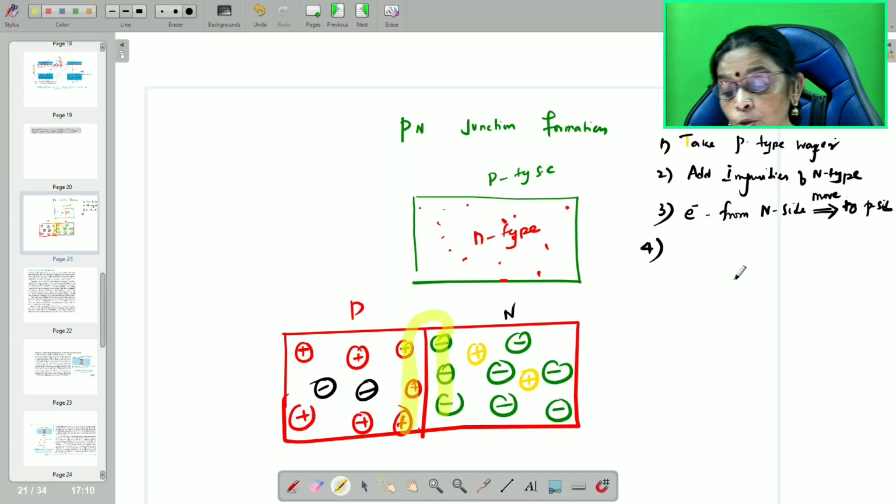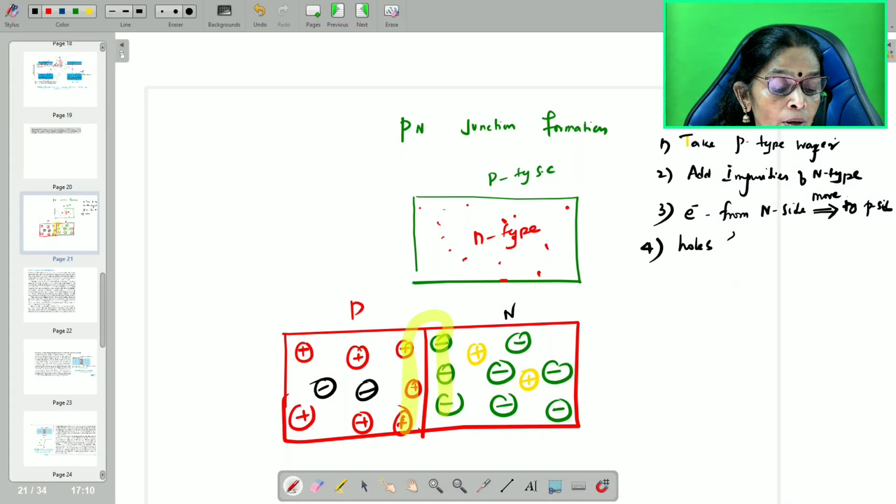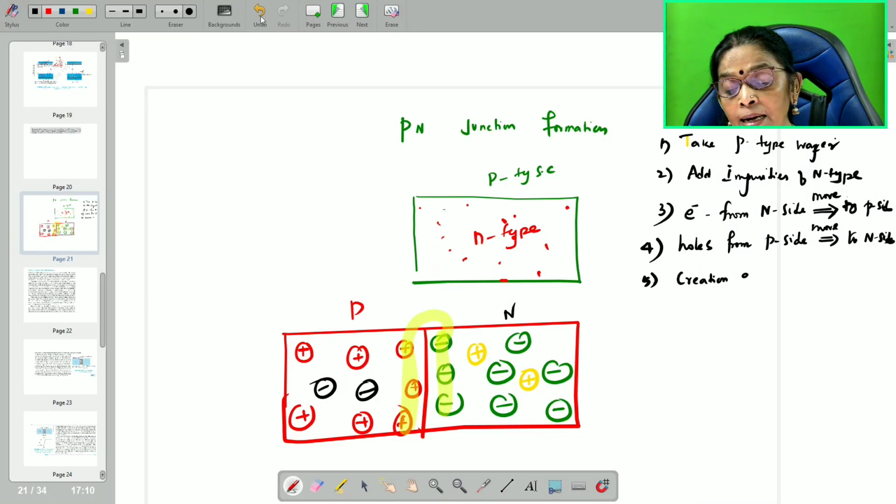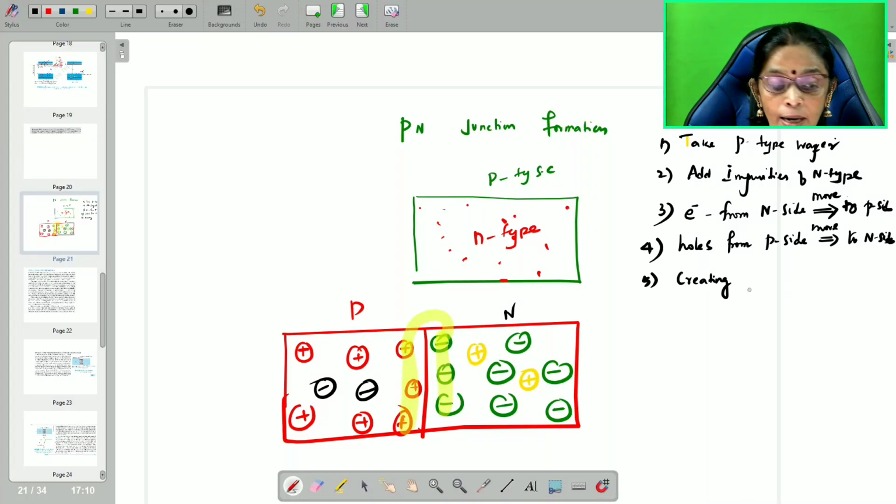Electrons from the n side move towards the p side and holes from the p side move towards the n side. So this transition keeps on happening, thereby creating a negative space charge region. Electrons have gone over there, right?